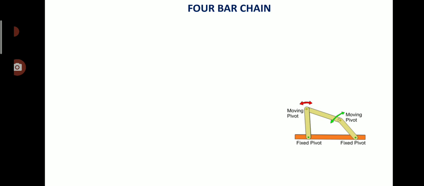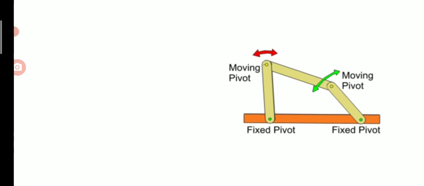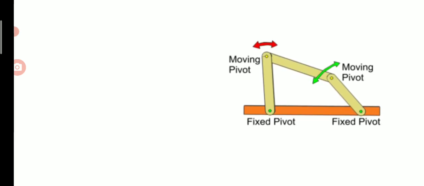Let us see what is the meaning of 4-bar chain. The structure or the sketch of the 4-bar chain you will see in this figure. You will see clearly there are fixed pivots, and there are two moving pivots that you can watch here.